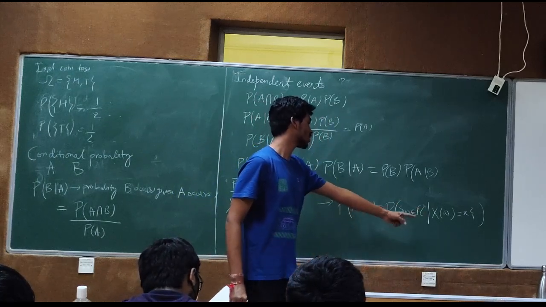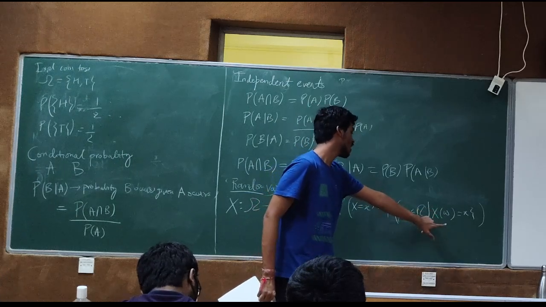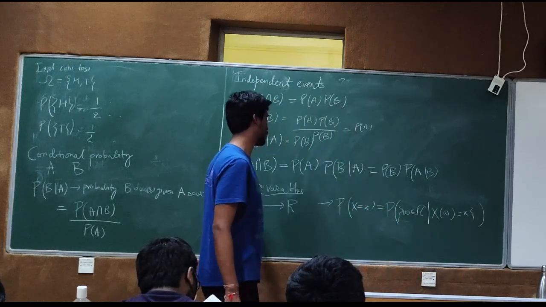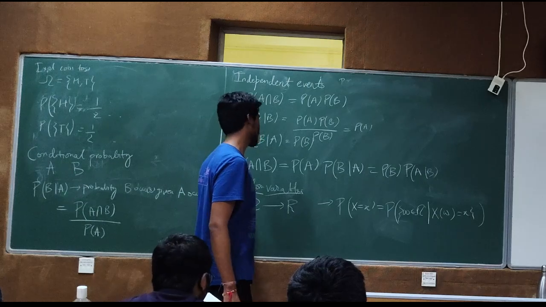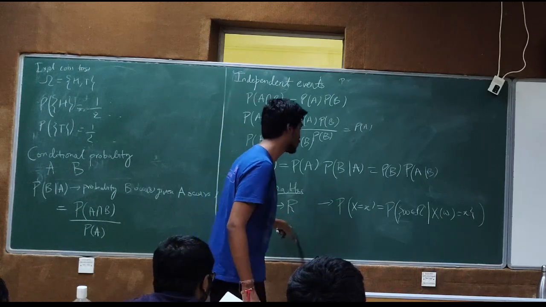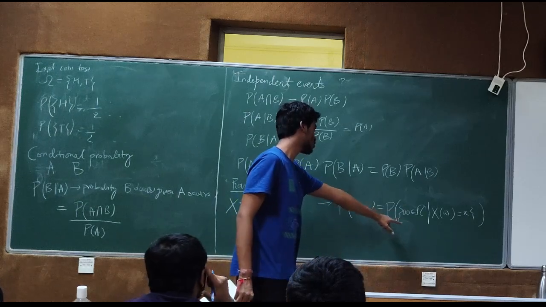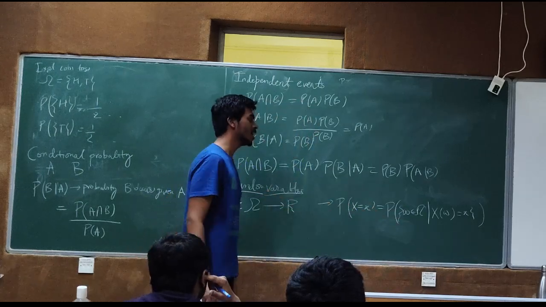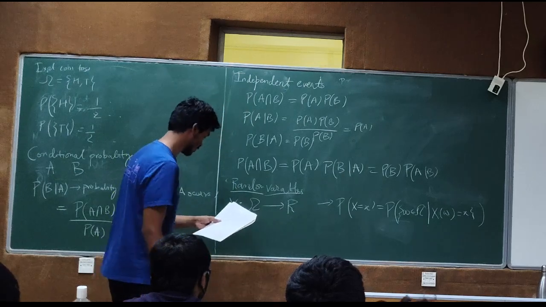So whatever outcome omega X was taken from in the sample space to R, the probability of that outcome is the probability that X is equal to x.